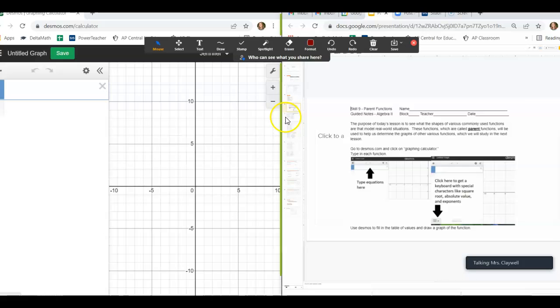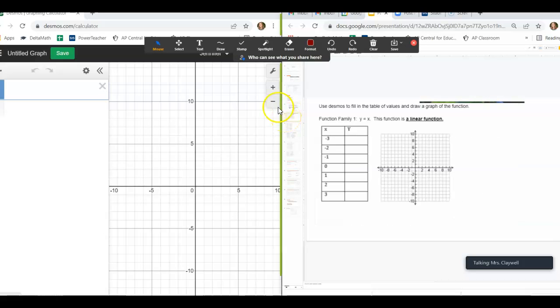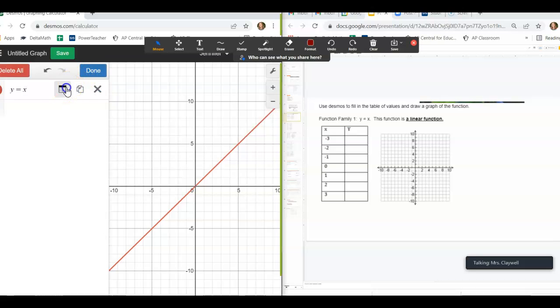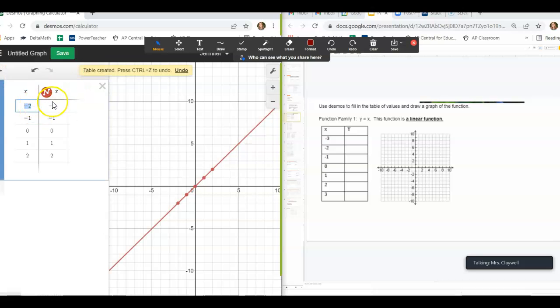So we're going to identify what our parent functions are. Our first one is y equals x. I'm going to graph that on the left. And I can also do a table.